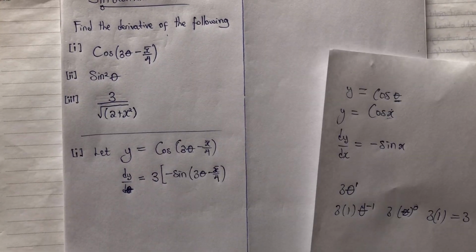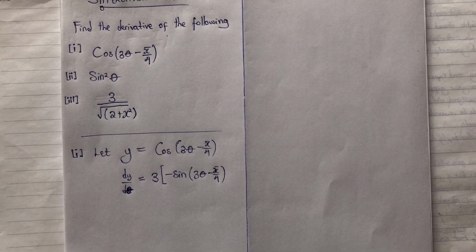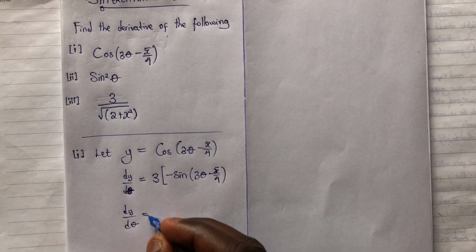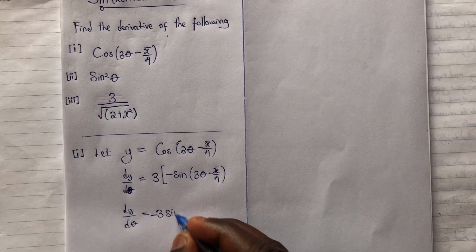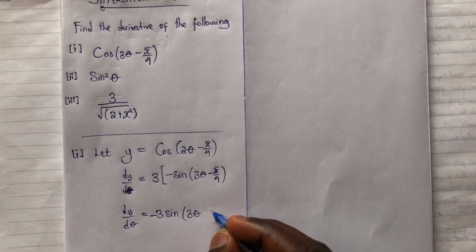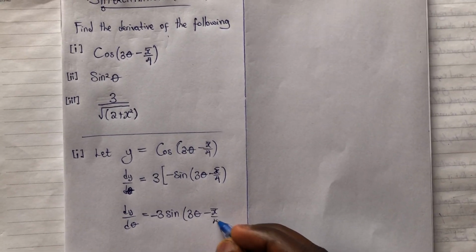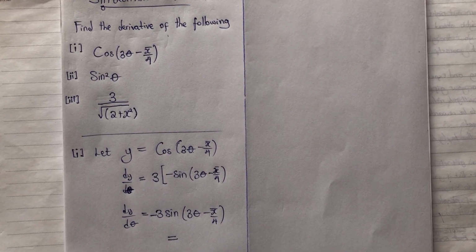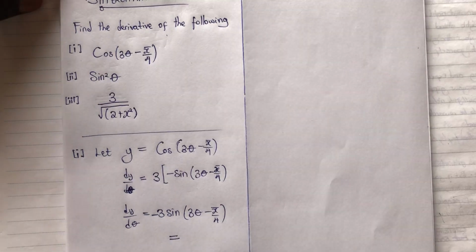So that was why I got 3 here. So now dy/d theta will give us minus 3 sine(3 theta minus pi over 4). And I think this is our final answer. So we can leave it here. Then we move on to the next one.